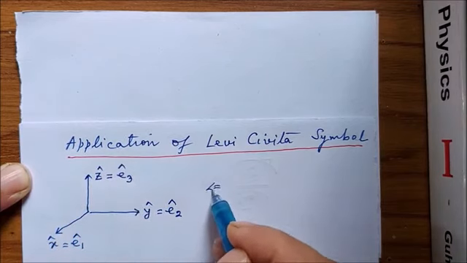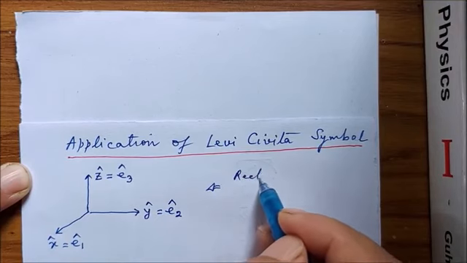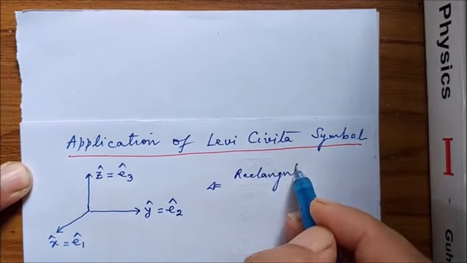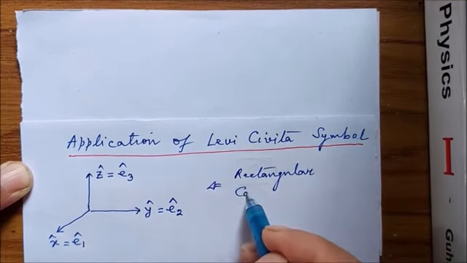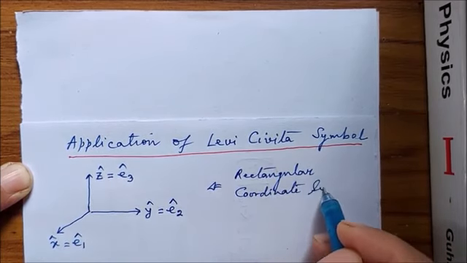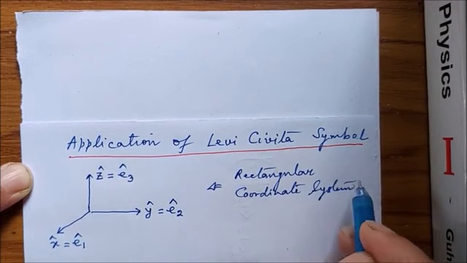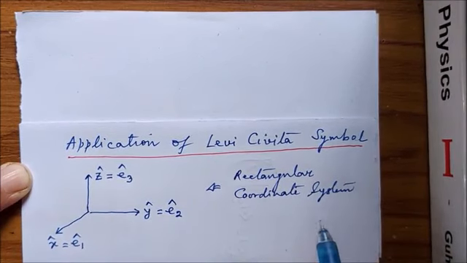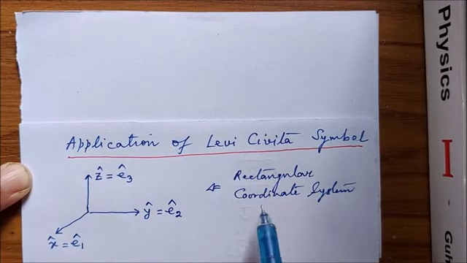This is a rectangular coordinate system, and let us write down the scalar triple product of these three unit vectors, which are the basis vectors of this rectangular coordinate system.